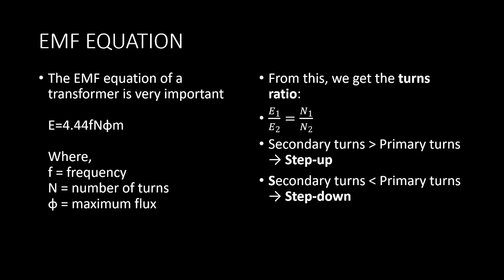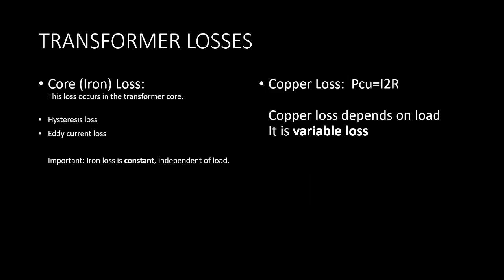From this we can get the turns ratio, that is E1/E2 = N1/N2. So you can get a trick from here: if the secondary turns are more than the primary turns, then the transformer will be a step up transformer, and if the secondary turns are less than primary turns, then the transformer will be a step down transformer.